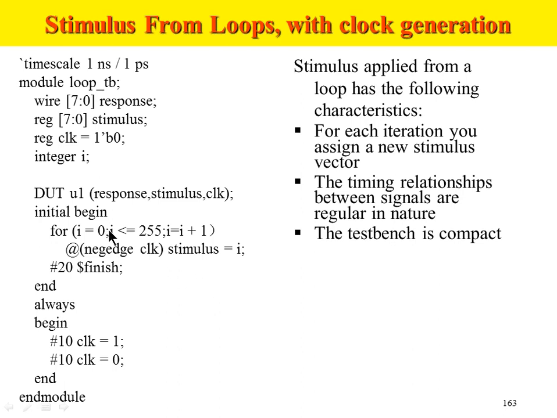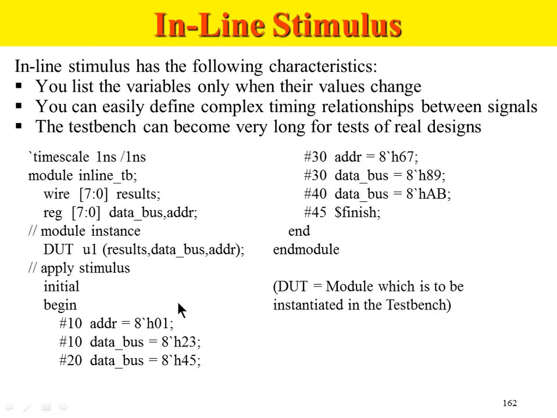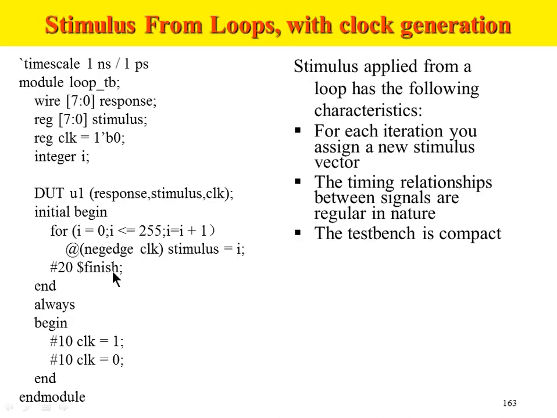So this way, you have applied 256 inputs, but the test bench is rather compact. Whereas in the case of inline stimulus, imagine doing this 256 times. This itself would have created 256 lines in the test bench. So compared to the inline stimulus method, this method will give you a more compact test bench.